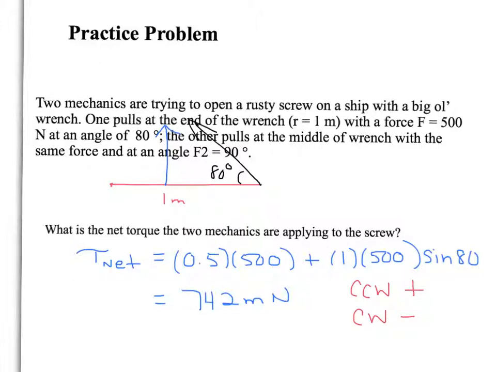So the way that I have this drawn, both of these forces would be causing the wrench to rotate in a counterclockwise direction. So both of these would add up to be a positive torque. Again, for this problem, it really depends on how you drew the picture, but the way I have my picture drawn, it would be a positive 742 meter newtons.